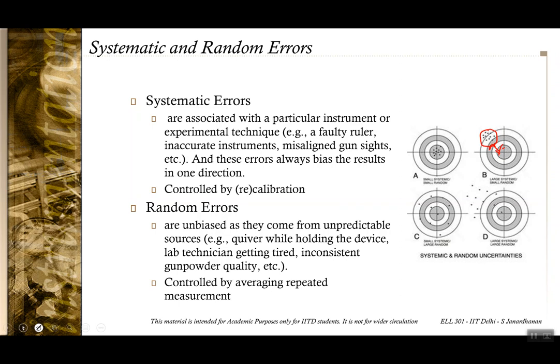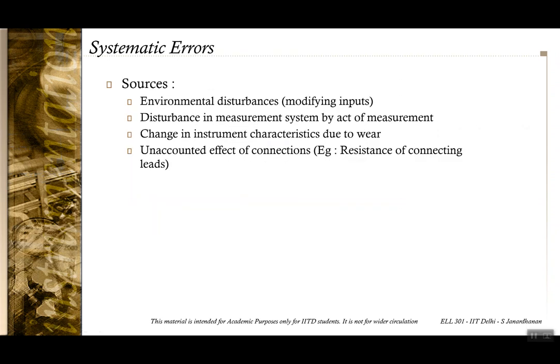Okay, and now going further, let us look at various sources of the systematic errors. Systematic errors can creep into a system in various ways.